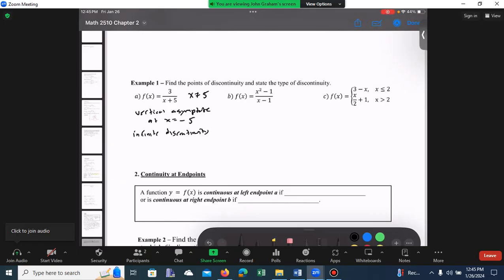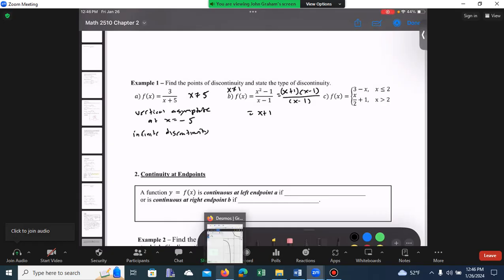The next one, x squared minus 1 over x minus 1, we can factor this. When we factor it, we get x plus 1, since the x minus 1s cancel out. We can see that in the domain x cannot equal 1, so you would end up with a discontinuity. It's not in the domain. Now, what type? It's not an asymptote there, so it's not an infinite discontinuity.